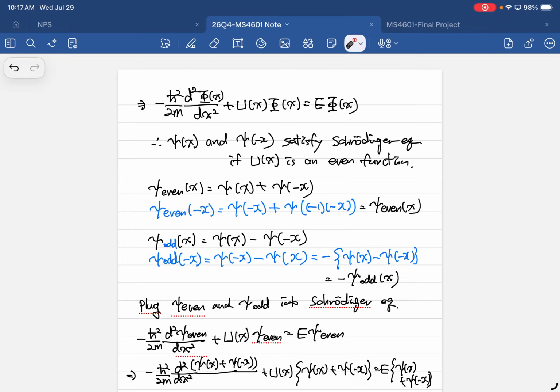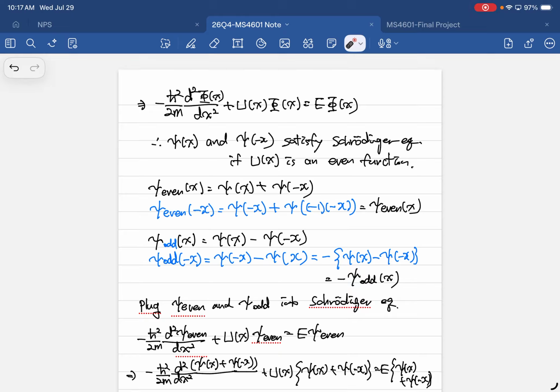The way you do it is that you simply replace x with negative x here. So if you replace x with negative x, this is essentially how we write it, and here we are replacing with negative x, and then negative 1, and then negative x there, right?